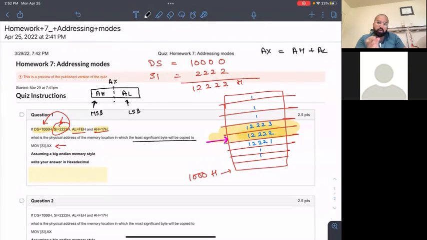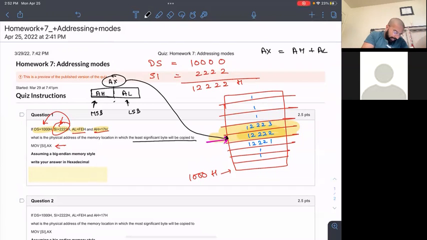And how does it go in the memory? We are trying to save AX to this location, but this location is only 16 bits long. So the first half of AX, which is AH, will be saved in this location.